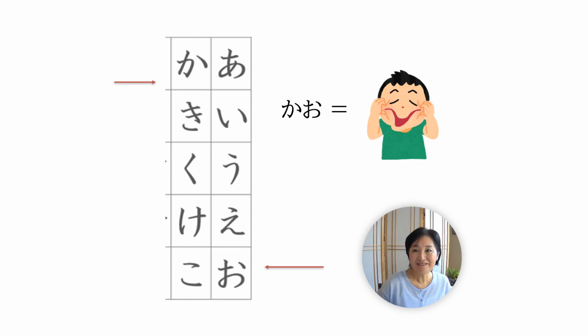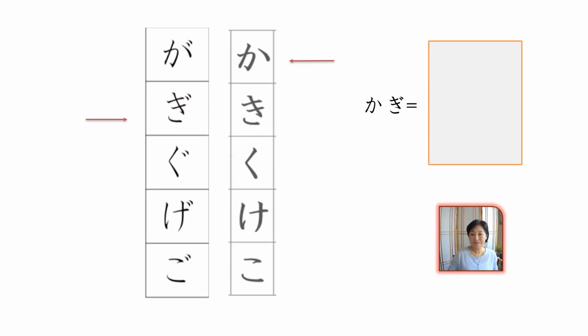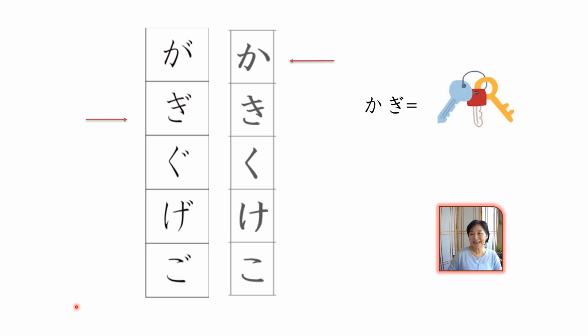All right, how about this one? 読んでください。顔 It means face. はい、それではこのひらがなとこのひらがな読んでください。鍵 and it means keys.